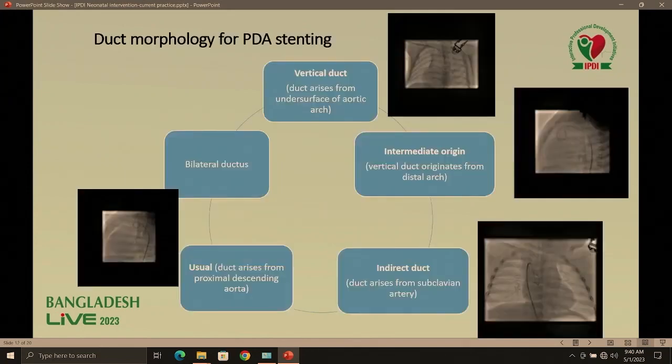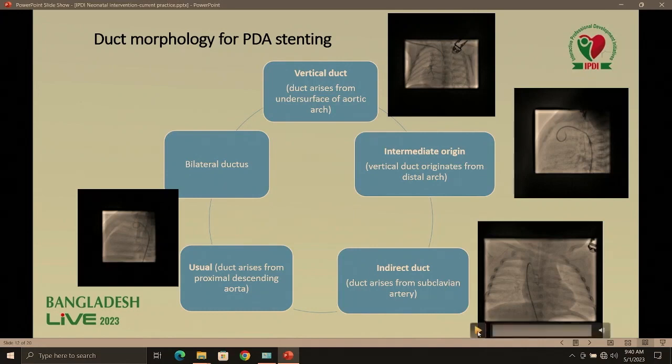Before doing the ductal stenting, you need to understand the ductal morphology to plan your appropriate catheter and approach. The most difficult duct is the vertical duct, which arises from the undersurface of the aorta. Next is the intermediate origin, where the duct originates from the distal arch, usually found in association with single ventricle situations.